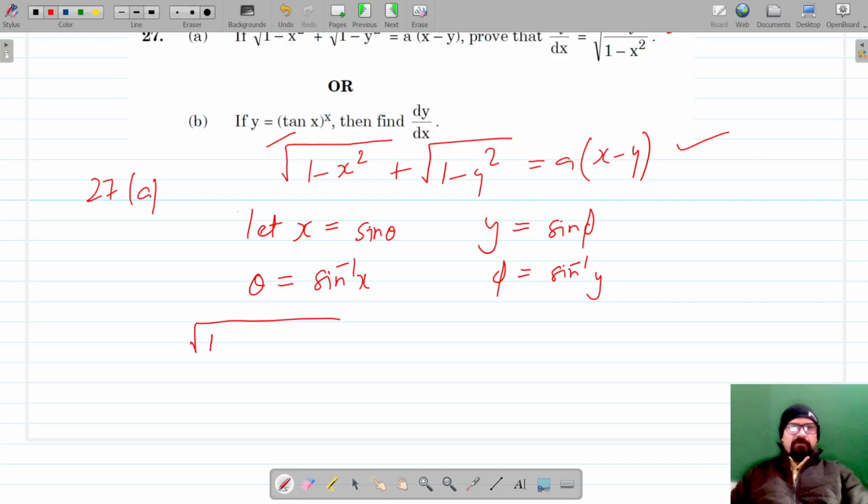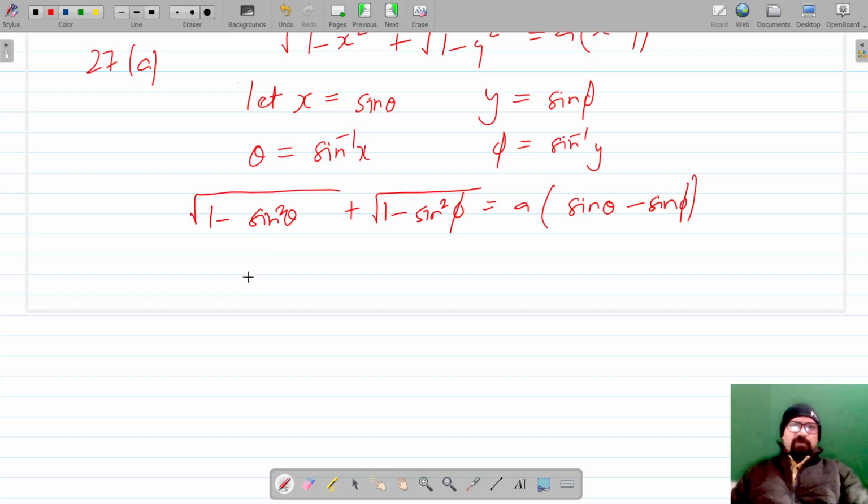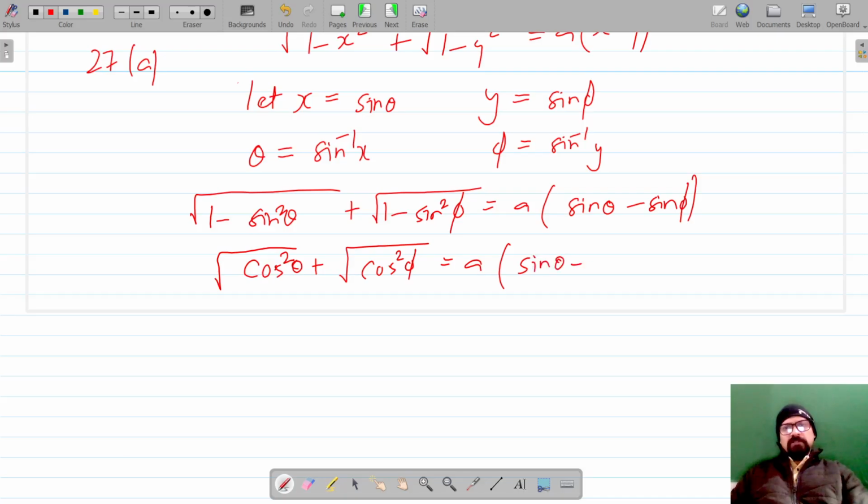So this becomes under root 1 minus sine squared theta plus under root 1 minus sine squared phi is equal to a into sine theta minus sine phi. Now 1 minus sine squared theta is cos squared theta under root, and similarly cos squared phi.